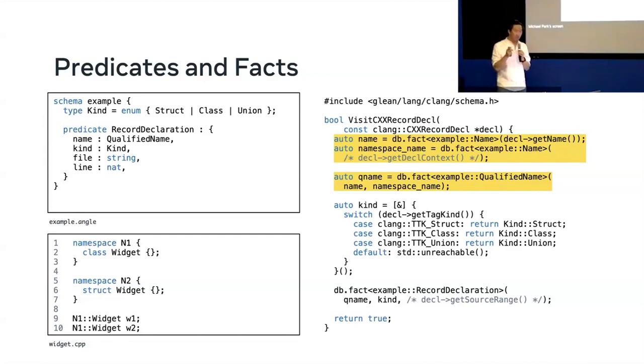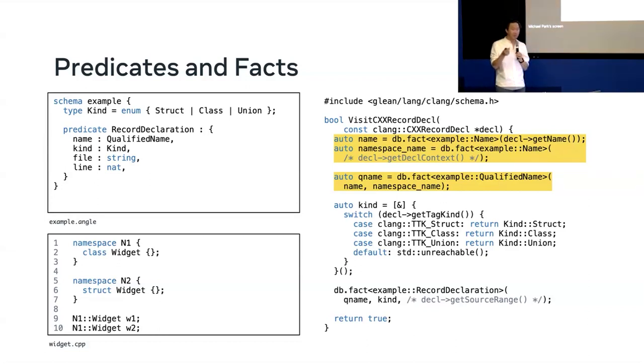Okay, we do the same thing for the namespace name. We need to do some more work to retrieve the namespace name because we need to get access to the decl context, blah, blah, blah. Those are kind of Clang AST details. And then we're going to produce this composed fact, qualified name, which takes name and namespace, which are the handles that you got back from calling the fact function.